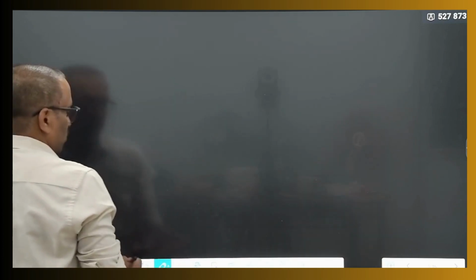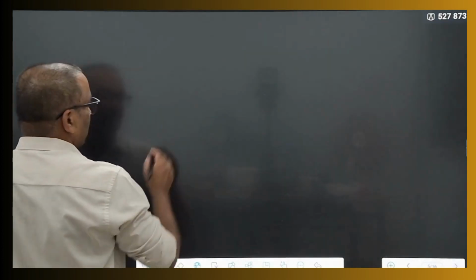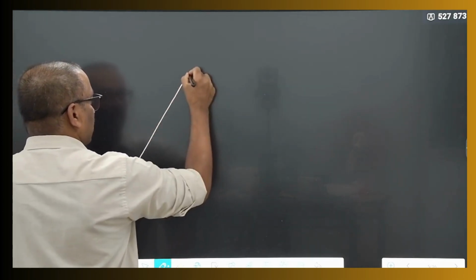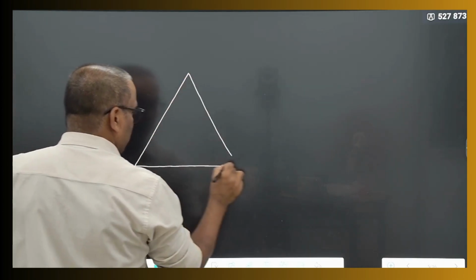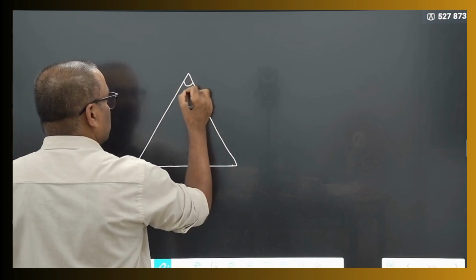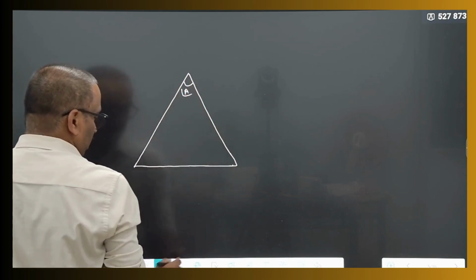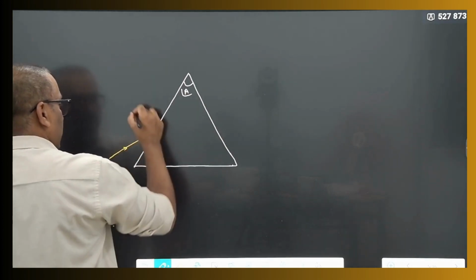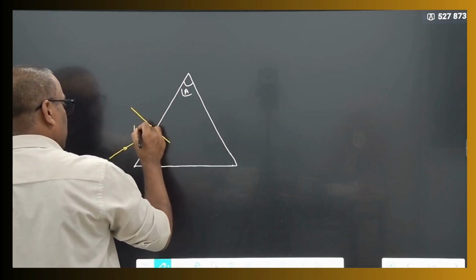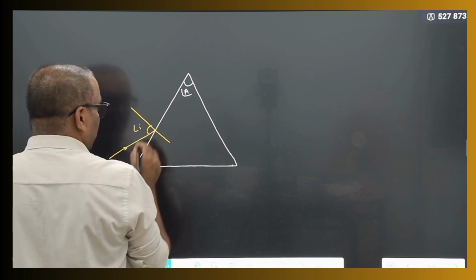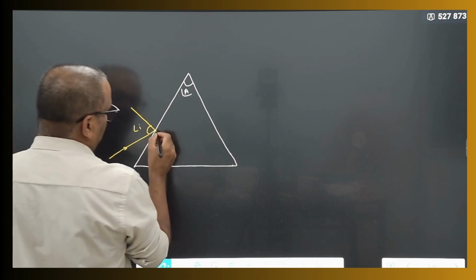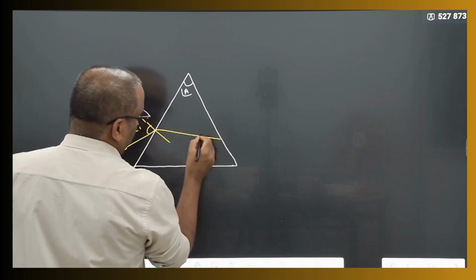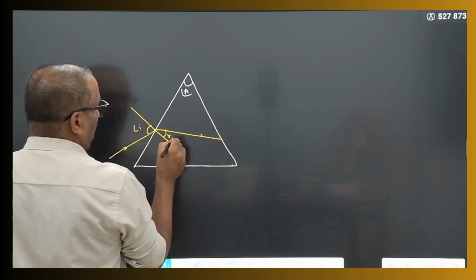So one concept I will discuss here. This is your prism, and this is your angle of prism. Suppose this is one incident ray, and this is your angle of incidence. Then this is your refracted ray R1.